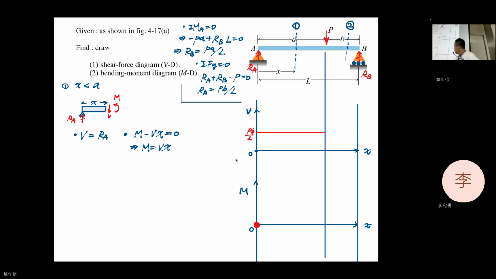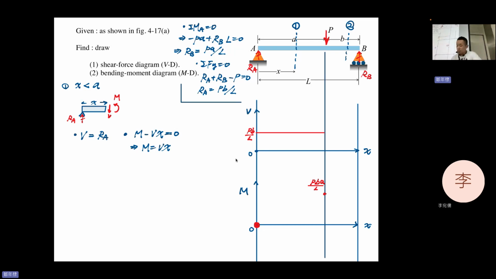x equal to 0. How about here? x equal to a. If you have x equal to a, you will have this one, and this is P b a divided by L, right? Because M equal to Vx, V is P b divided by L. Here, x equal to a, so P b a divided by L. This is the value at that point.